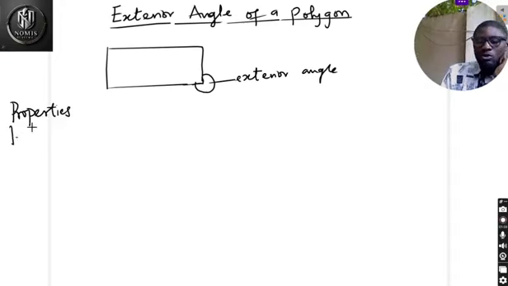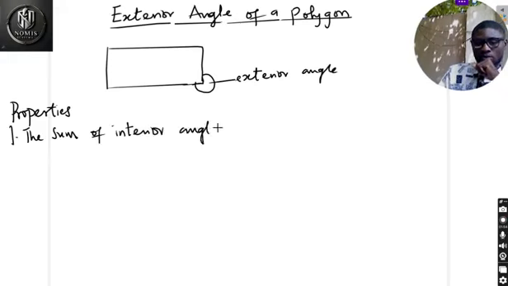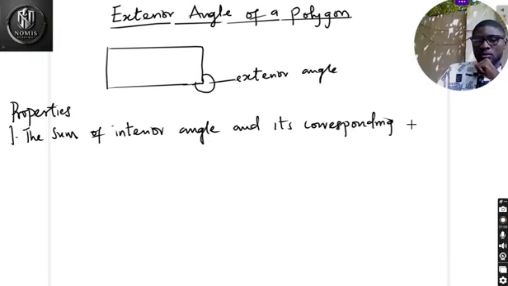Property number one says the sum of an interior angle and its corresponding exterior angle is 180 degrees.